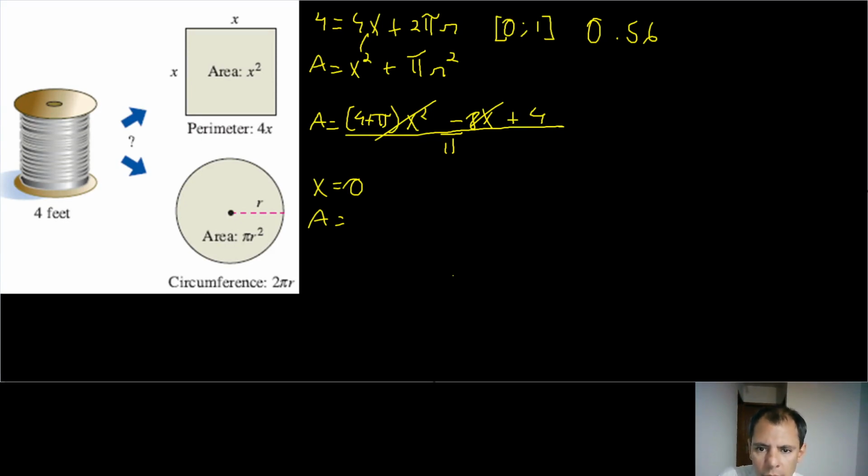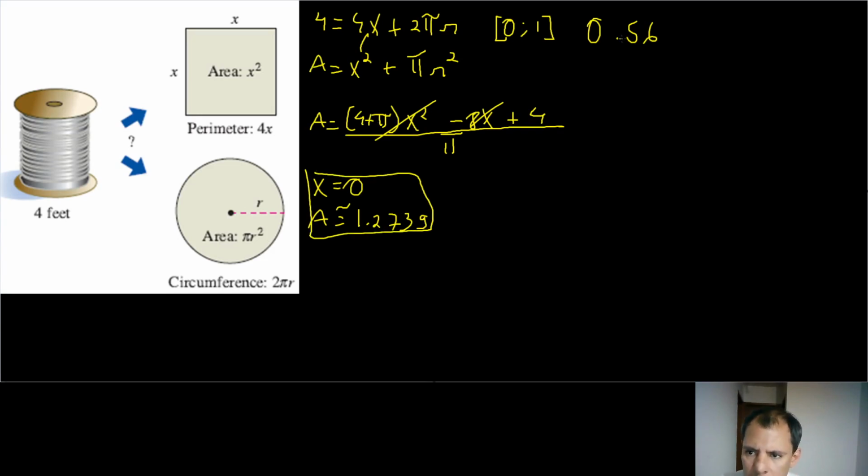I'm going to use 3.14. So 3.14, it's going to be 1.2739. The area is going to be 1.2739 approximately.